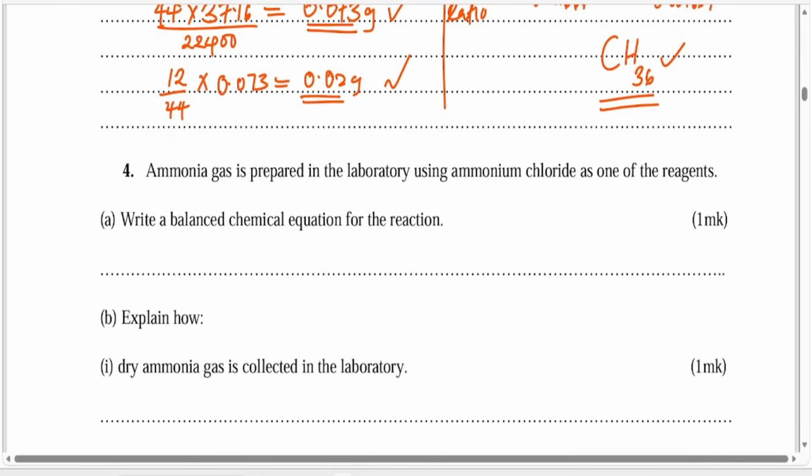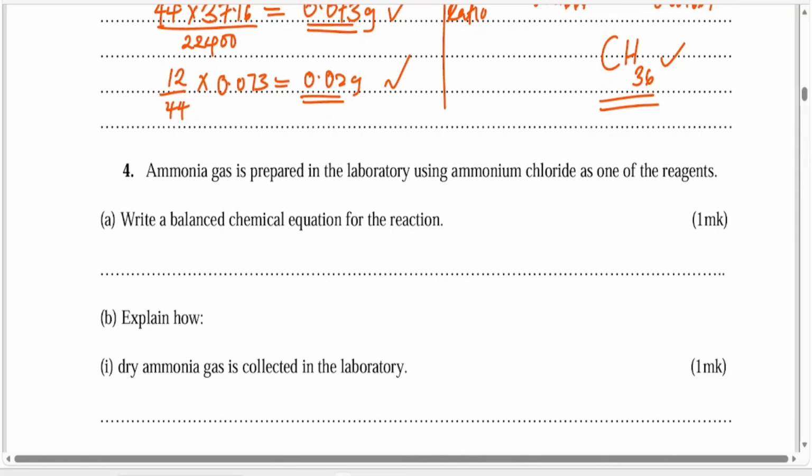Ammonia gas is prepared in the laboratory using ammonium chloride as one of the reagents. Write a balanced chemical equation for the reaction. Ammonia gas is prepared by reacting ammonium chloride and calcium hydroxide. When they react, they produce calcium chloride and ammonia gas, and at the same time water molecules.